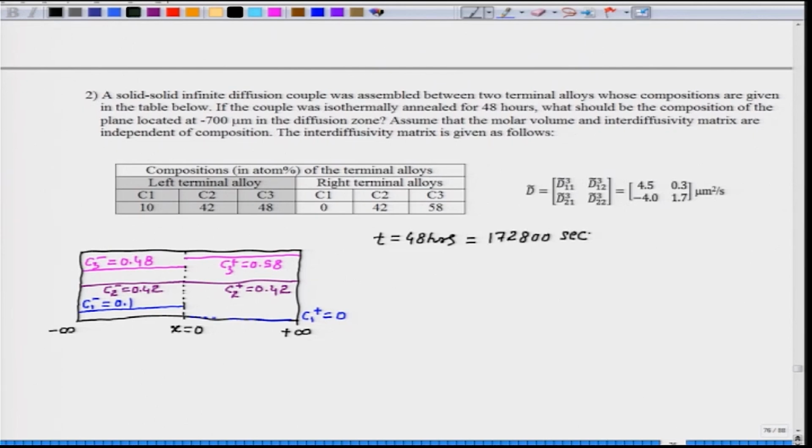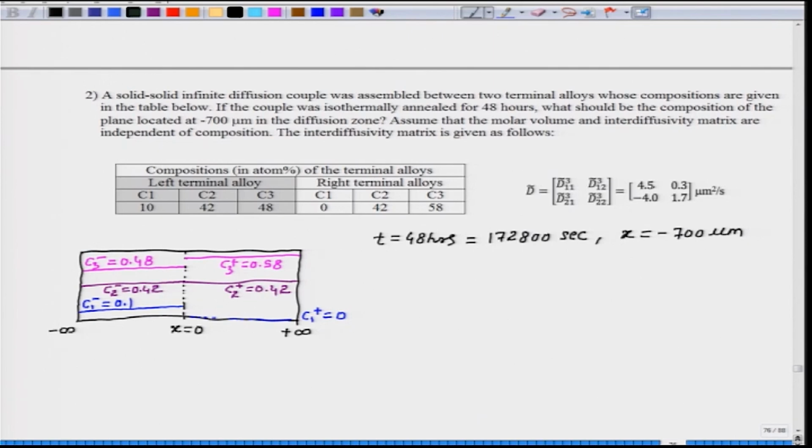What should be the composition of the plane located at minus 700 micron in the diffusion zone? So, minus 700 means it would be on the left side. So, x is equal to minus 700 micron. Assume that the molar volume and interdiffusivity matrix are independent of composition, and the interdiffusivity matrix is given here.